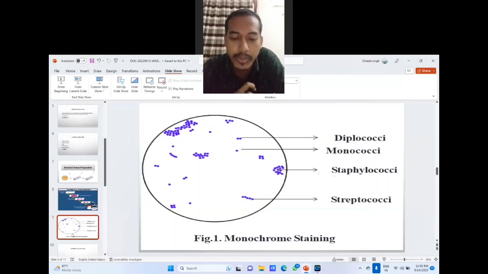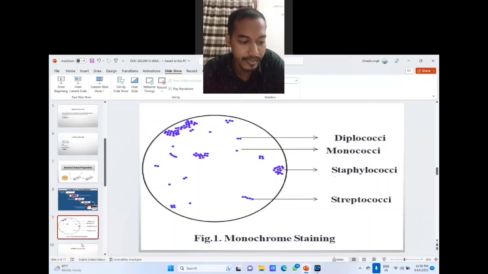And staphylococci are many cocci in a grapes-like structure. Streptococci are cocci in a chain-like structure. So basically, simple stain is used to see the bacterial morphology and structure.